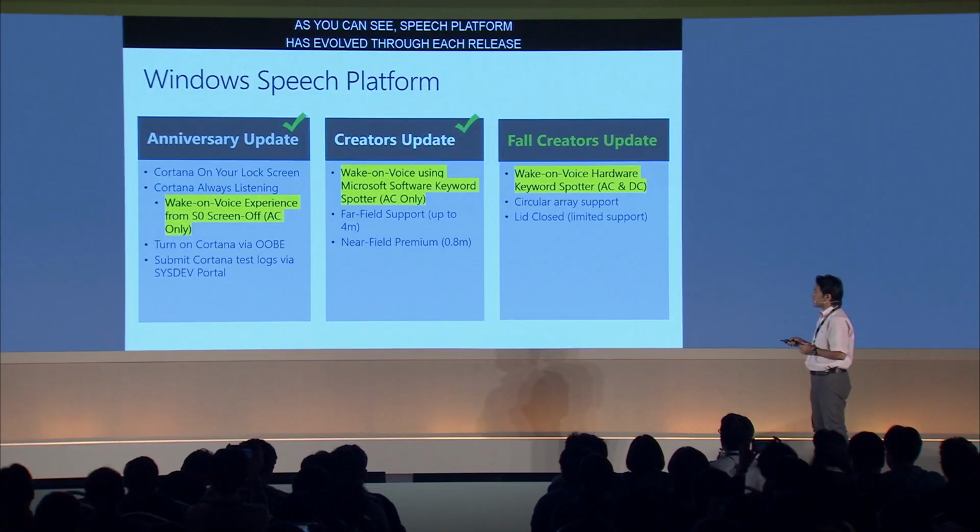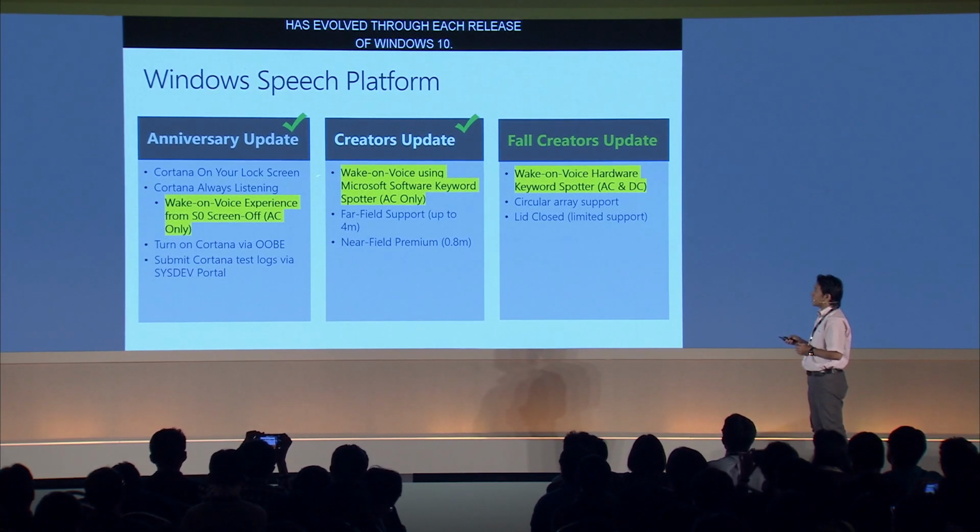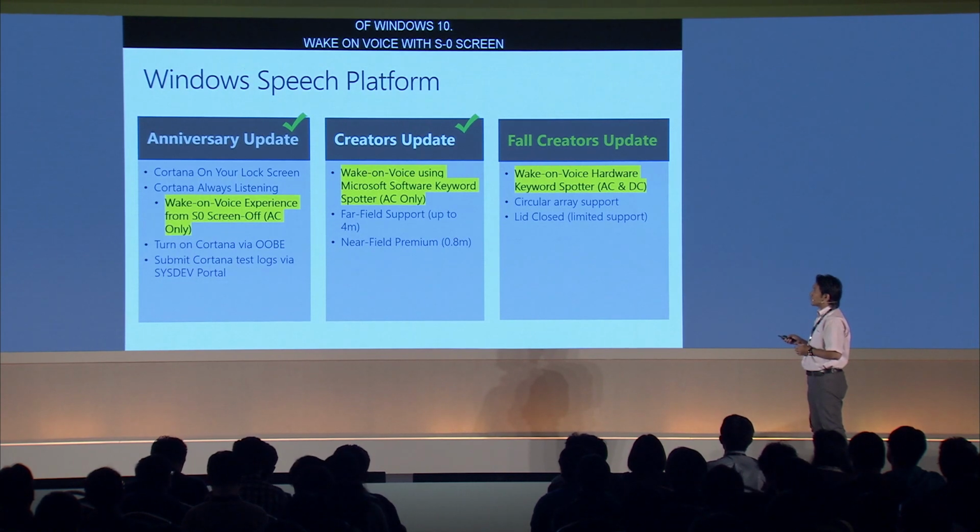Here is the update information regarding Windows Speech Platform for each release of Windows 10. As you can see, Speech Platform has evolved through each release of Windows 10. Wake on Voice with S0 screen off was first supported on Anniversary Update. And then on the Creators Update, Wake on Voice with Software Keyword Spotter was supported.